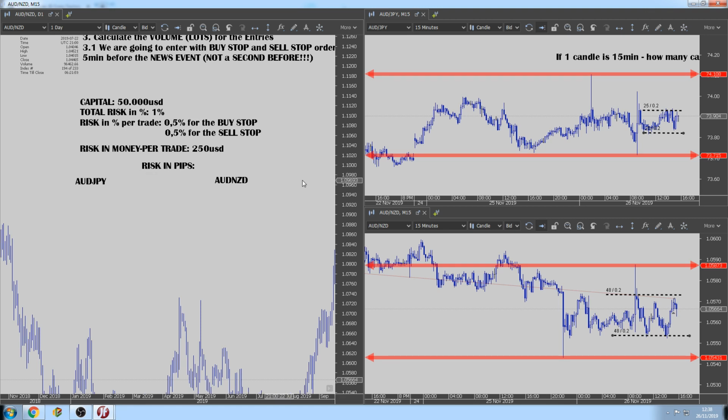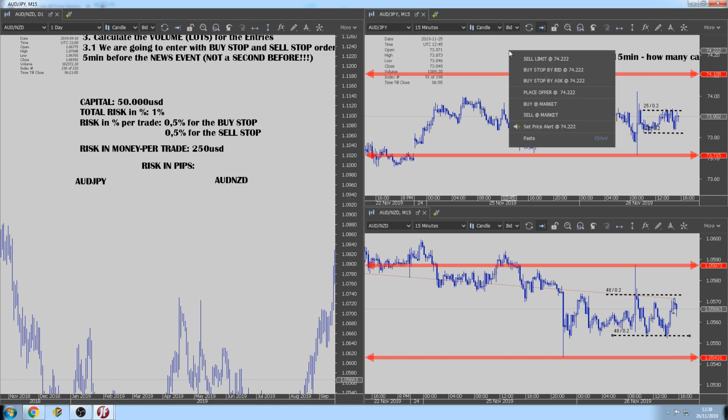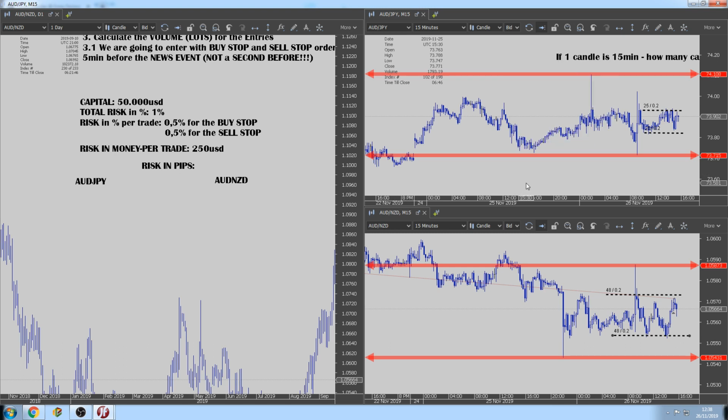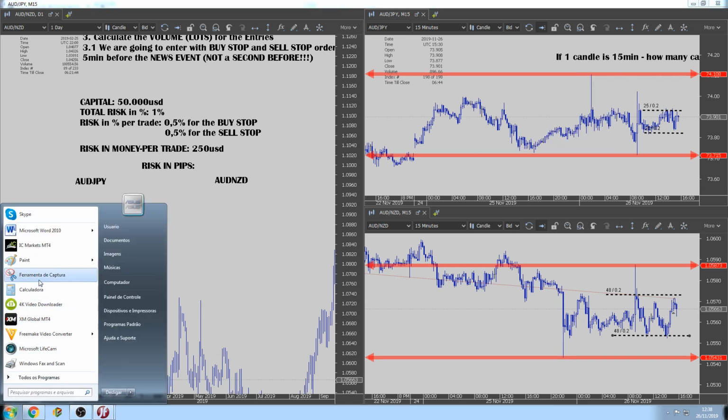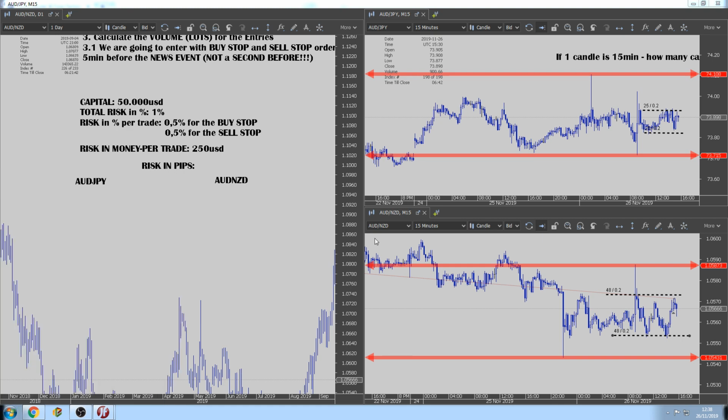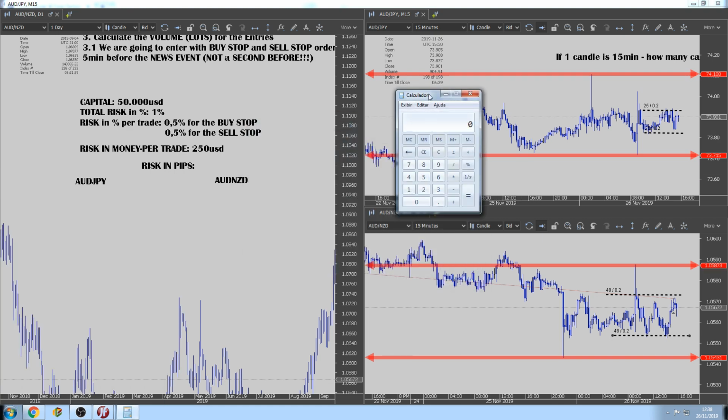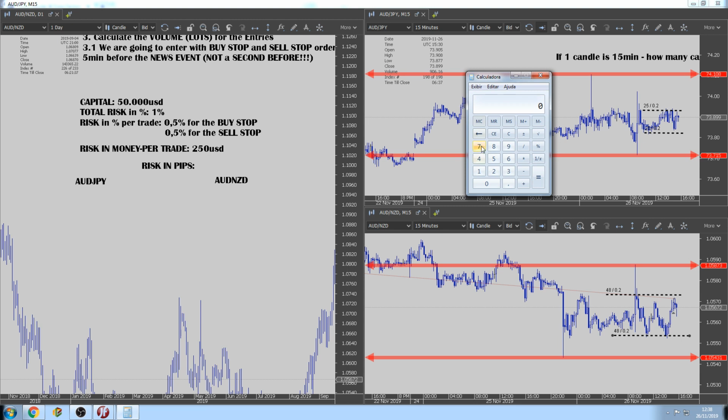So let's take AUD/JPY, right? I have 3 decimals, so it's going to be 5 numbers. So risk in pips for AUD/JPY is going to be 74108 minus 73715.